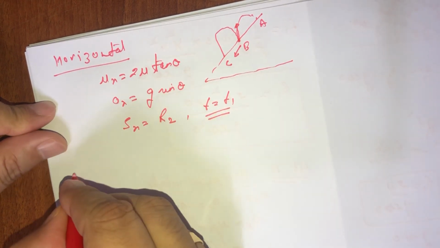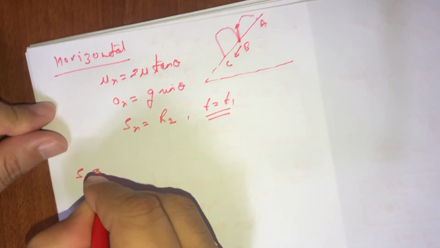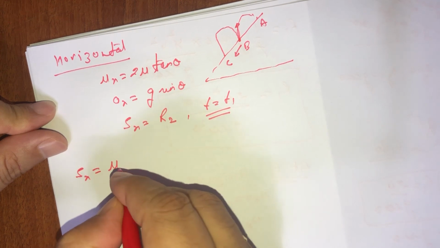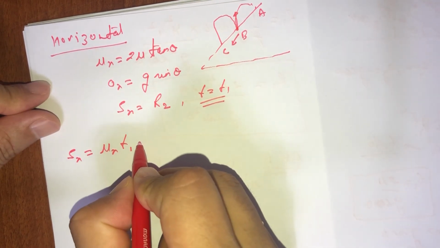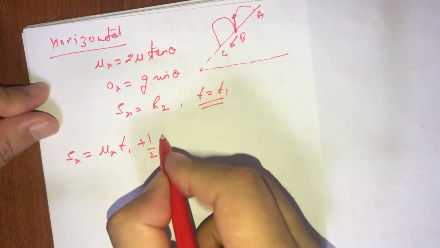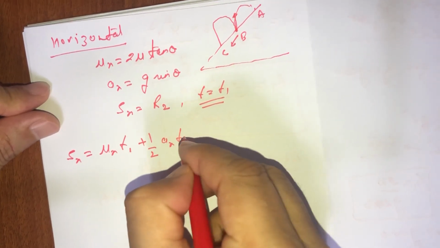So again we use the same formula, s of x is equal to u of x t1 plus half a of x t1 square.